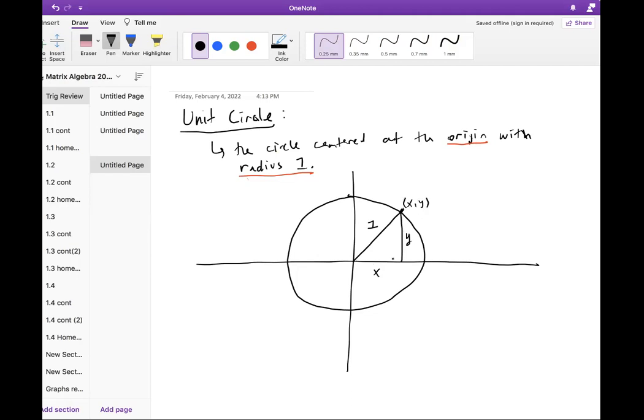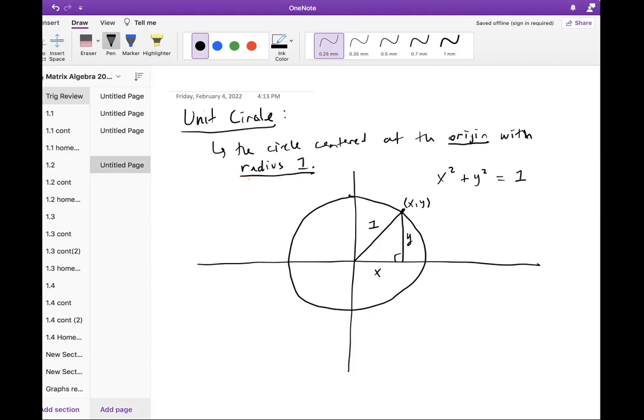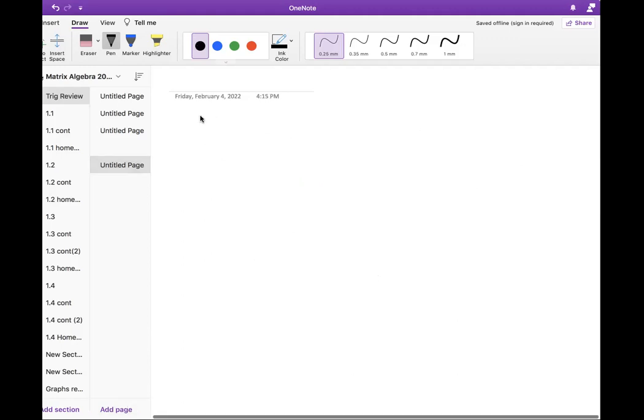So all these right triangles will always satisfy x squared plus y squared is equal to 1 squared. Okay, so speaking of the unit circle, let's think about another way to describe points in the circle.